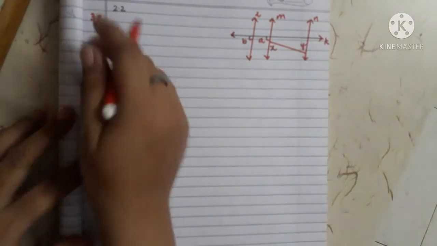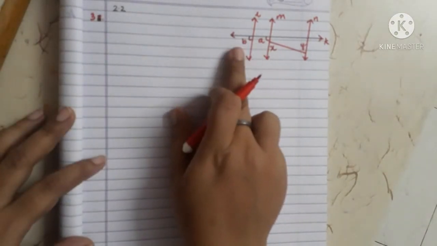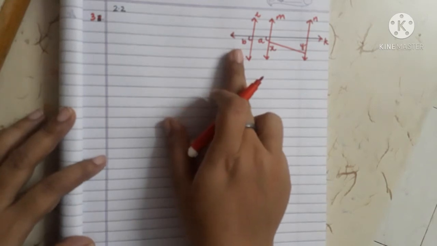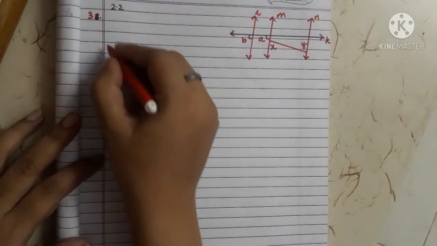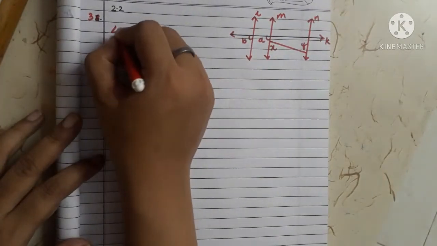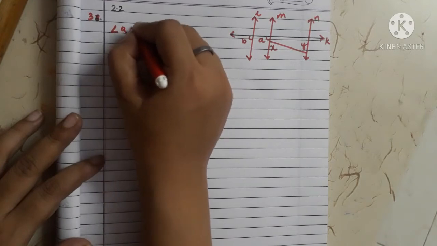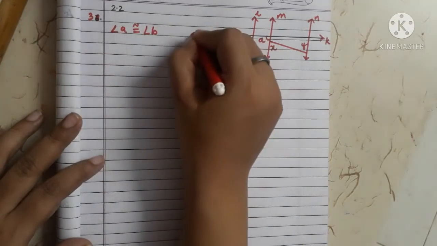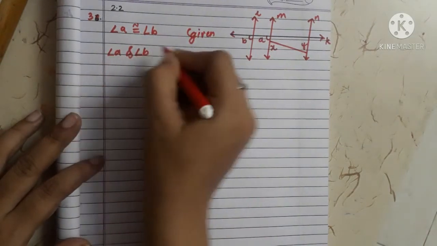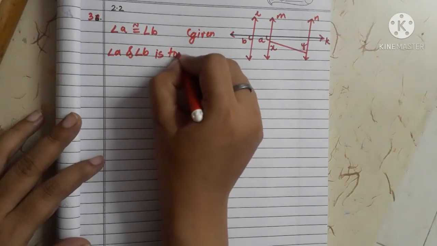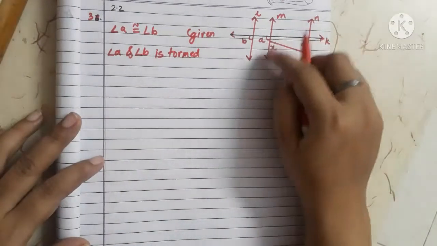Now see, angle A is congruent to angle B. It is given in the question. So I will write here, angle A is congruent to angle B. Given. This angle A and angle B is formed between which two lines?